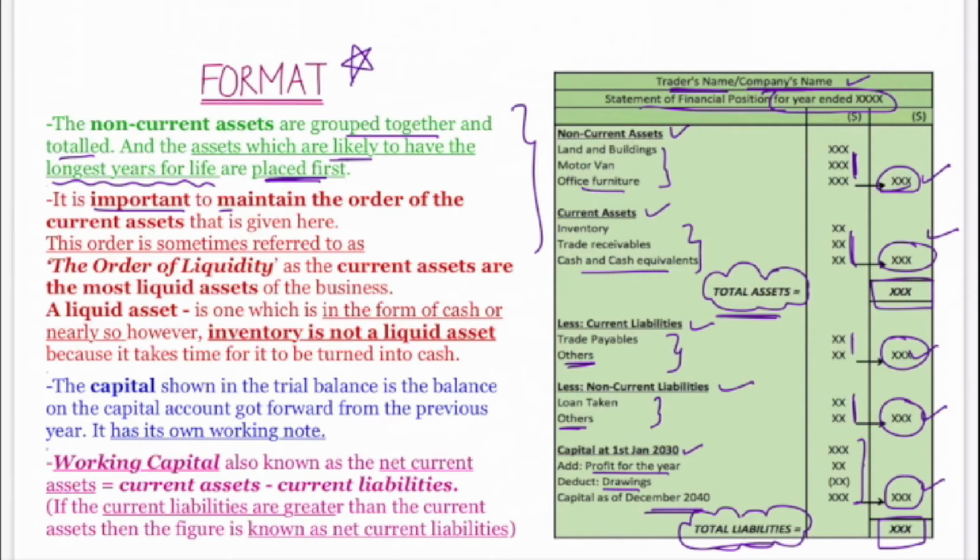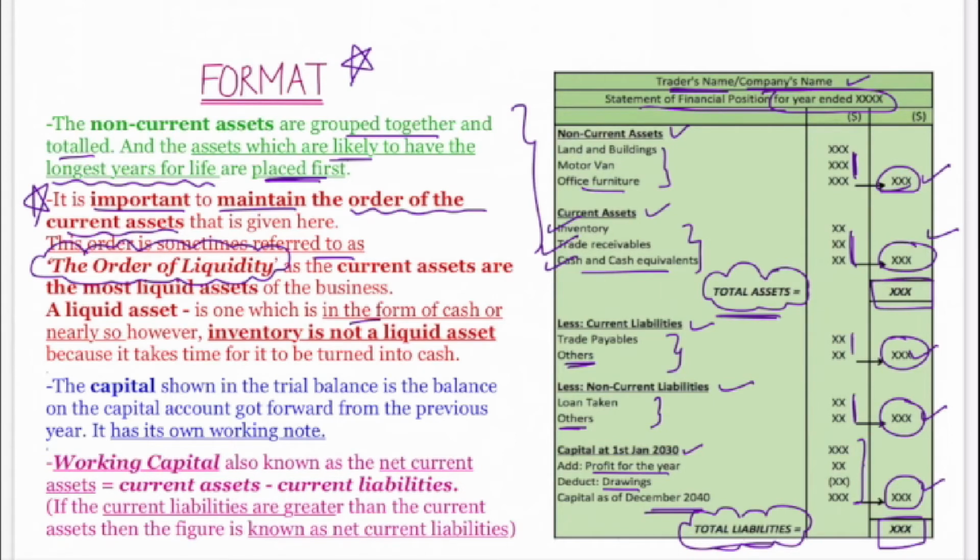Now let's see what is this order. This order is sometimes referred to as the order of liquidity, as the current assets are most liquid assets of the business. Now, what is a liquid asset, you may ask? A liquid asset is one which is in the form of cash or nearly so.